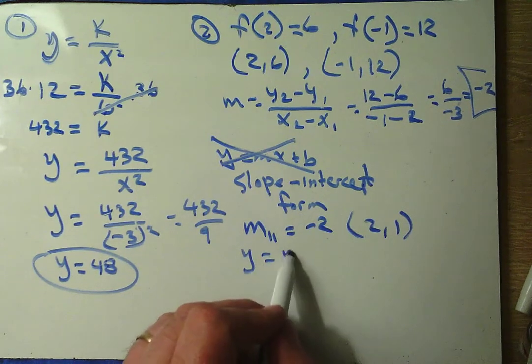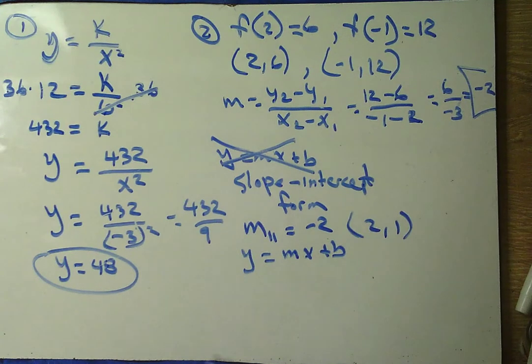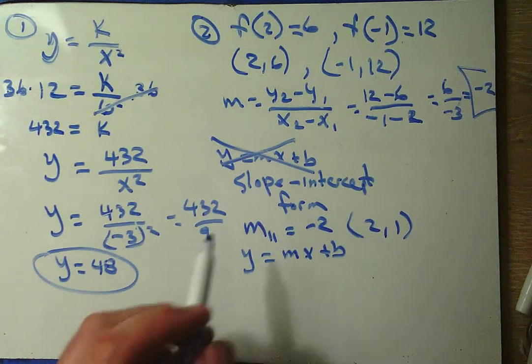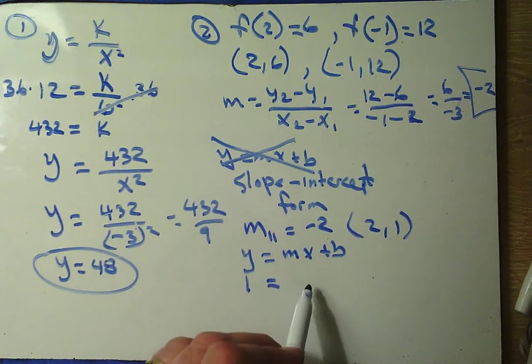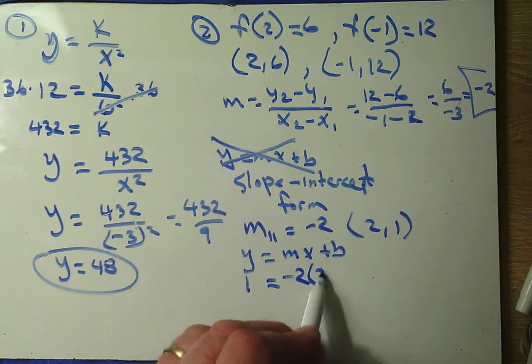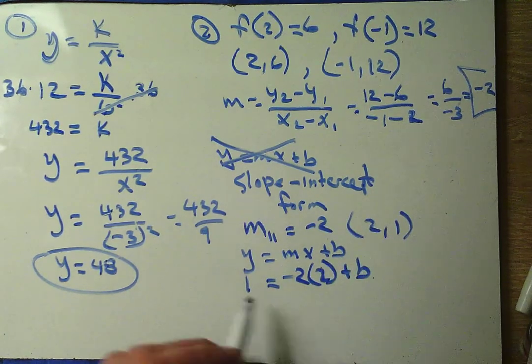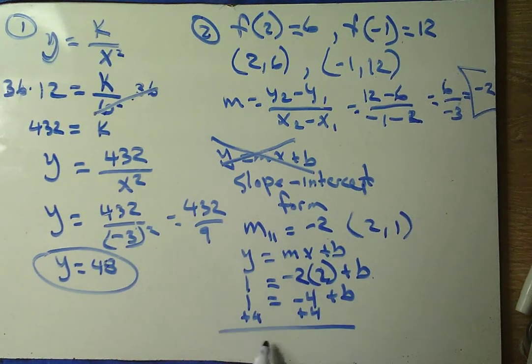Y equals mx plus b, slope-intercept form, is a fine way to write the equation of the line. I myself probably would have used point-slope form here, but most students prefer to use slope-intercept form. I'll plug in my slope and my ordered pair so that I can solve for b. And when I add 4 to both sides, I get that b equals 5.